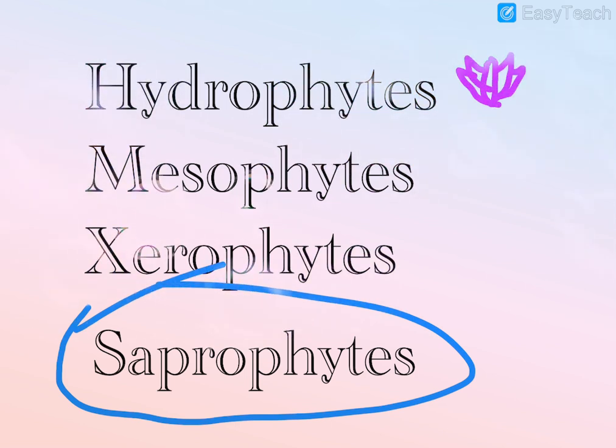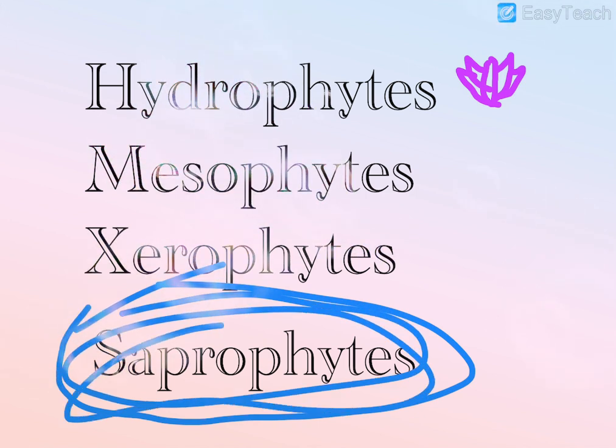These are organisms that obtain their nutrition from dead and decaying organic matter. For example, mushrooms, orchids, and Indian pipe, etc. They absorb the dead and decaying organic matter. They can come under mode of nutrition, or their habitat is on the dead and decaying matter only, so they stay there. They can come in either part.